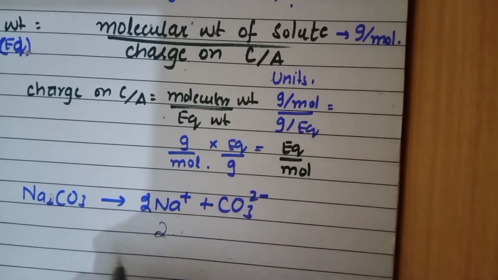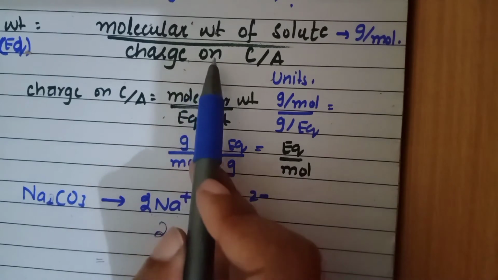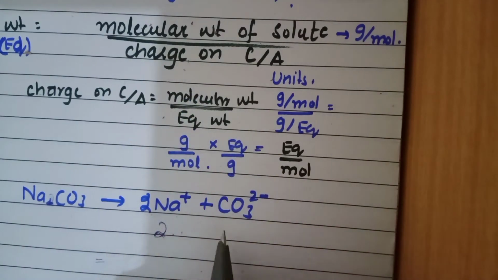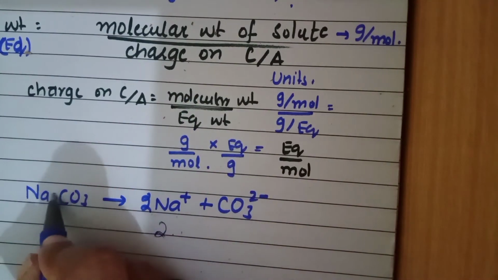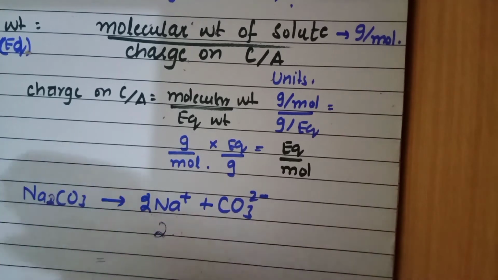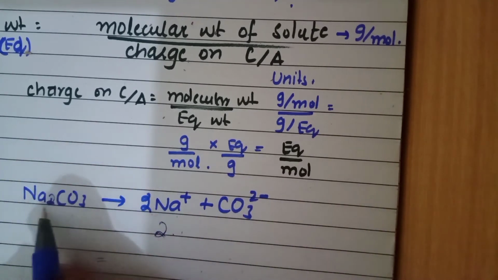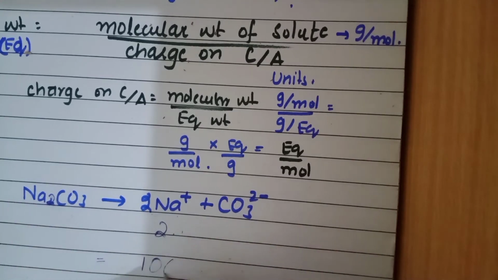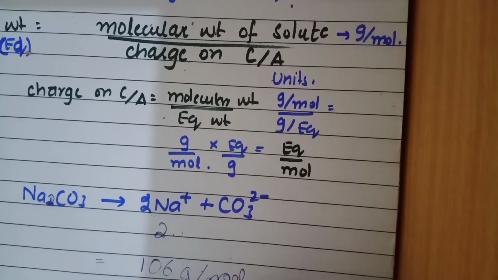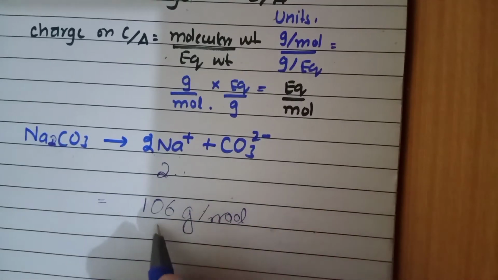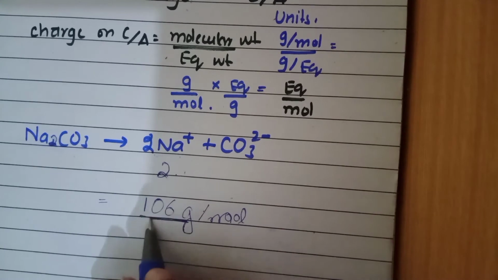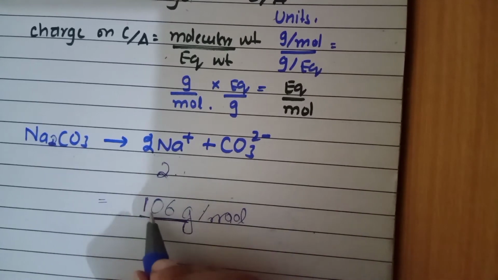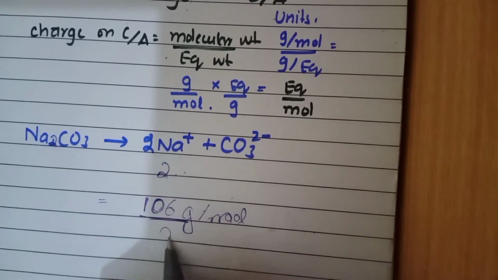So filling the information in the above formula, the molecular weight of solute, that is Na2CO3, when you add all the masses of this compound, comes out to be 106 gram per mole, divided by its charge on cation or anion, which is 2.